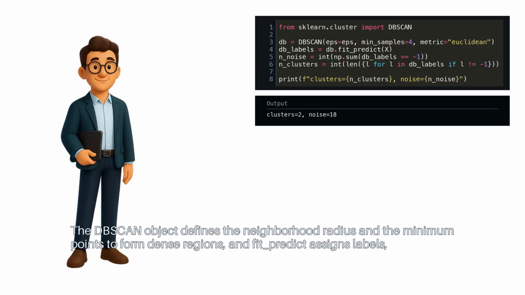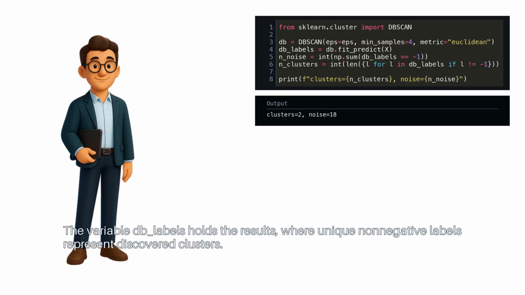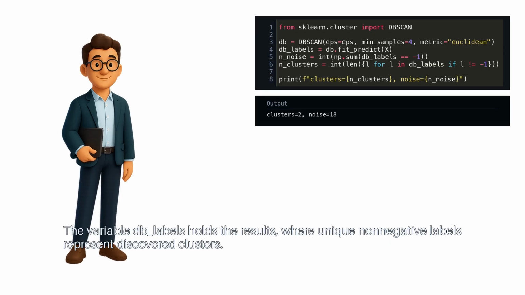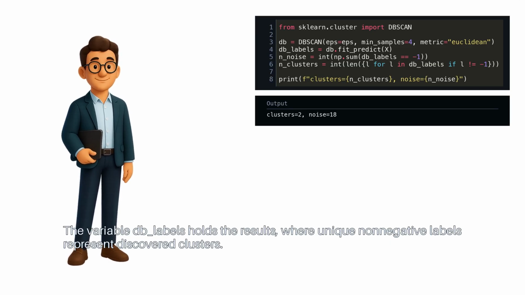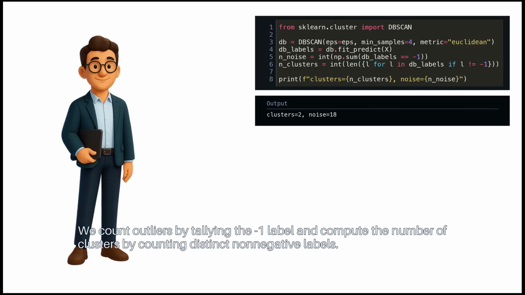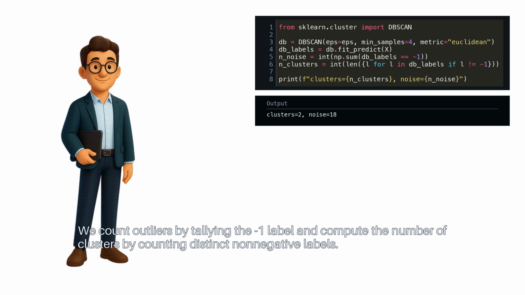And fit_predict assigns labels, marking noise as -1. The variable db_labels holds the results, where unique non-negative labels represent discovered clusters. We count outliers by tallying the -1 label, and compute the number of clusters by counting distinct non-negative labels.